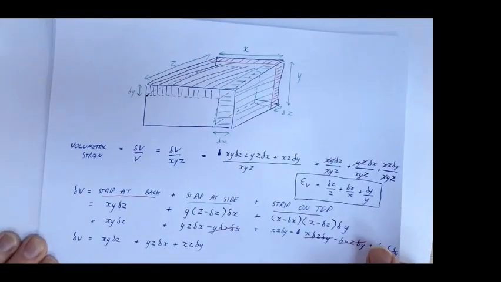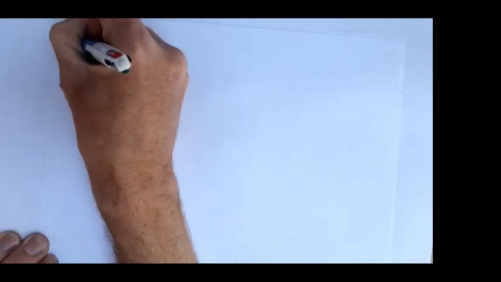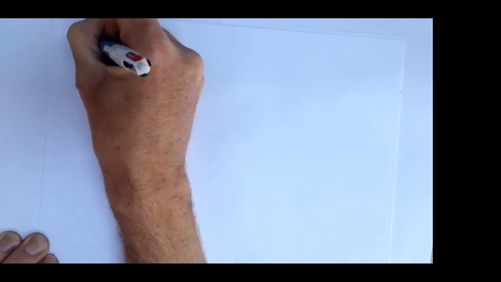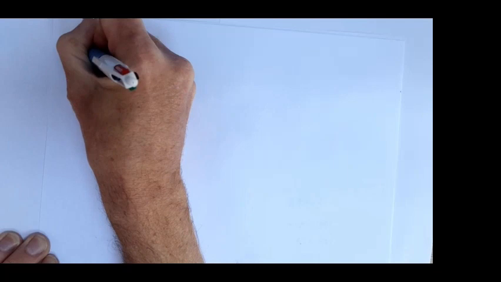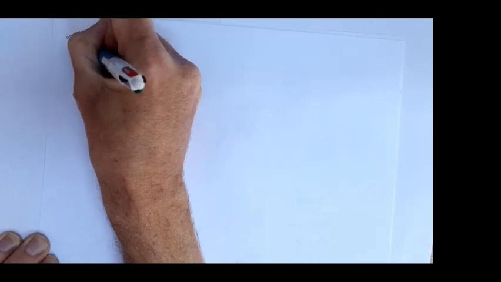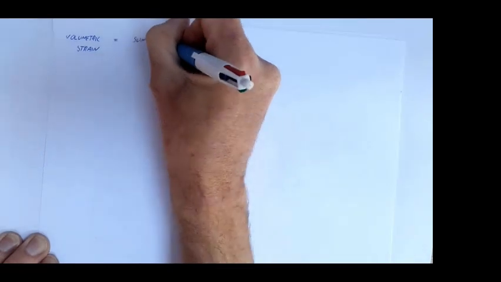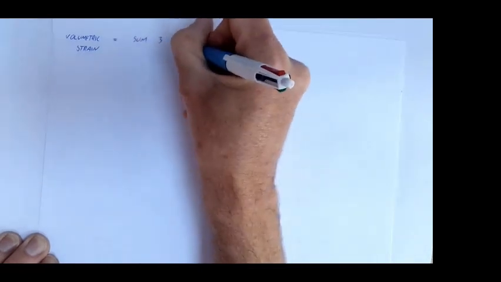So let's now have a look at the situation that we're actually considering. Let's have a look at our volumetric strain for our cylinder. Now we've just said that is the sum of three perpendicular strains.